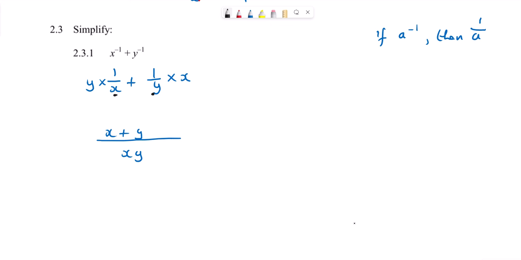So 1 over x times xy, plus 1 over y times xy. Okay, so xy over x, plus xy over y.